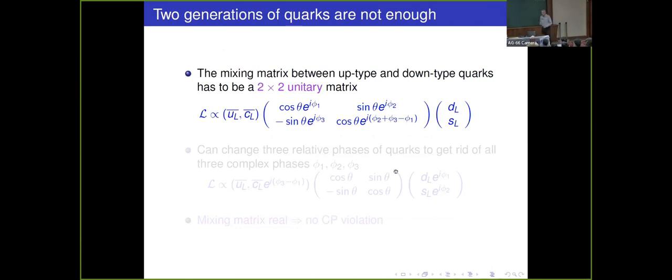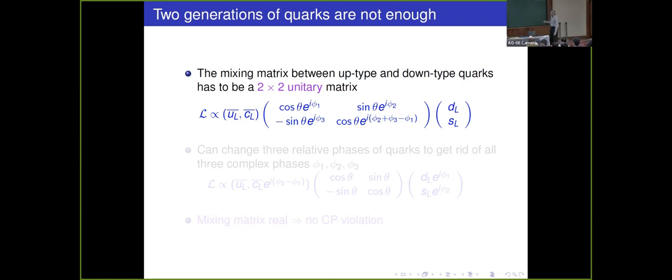Anyway, so let's go to the argument, simply because if you haven't seen it, it's a very beautiful argument. Okay? The first argument showed that if you have only 2 generations, you cannot see CP violation. Okay? So what happens? If there are 2 generations, then your Lagrangian will basically be, if you want to write down the charge current interaction, which means interaction between UC on one hand, which are charged 2/3, with DS on the other hand, which are charged -1/3.